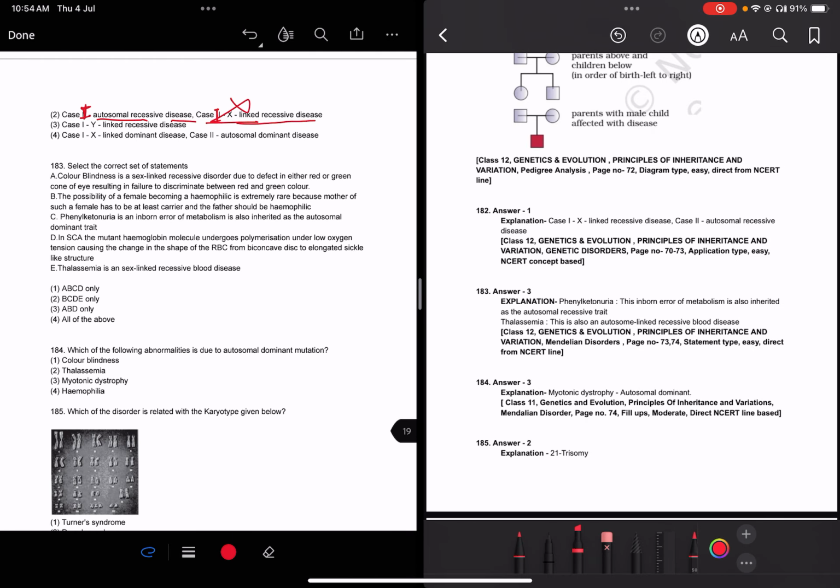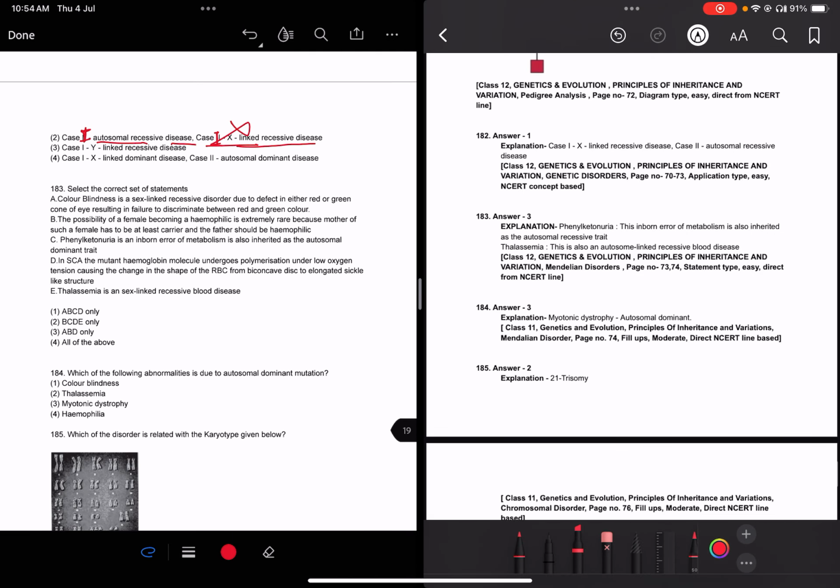Now 183. Select the correct set of statements. A: Colorblindness is an X-linked recessive disorder due to a defect in the mother, a failure to discriminate between red and green colour. B: The possibility of a female becoming hemophilic is extremely rare, because the mother of such a female has to be at least a carrier and the father should be hemophilic.